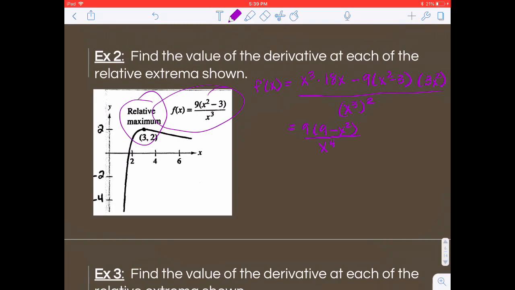I skipped some steps of simplifying just for video purposes and being able to have room. So this is our derivative here.